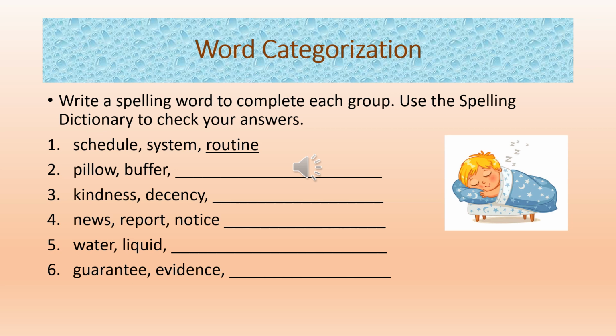What is going to be another word from the spelling word list that is related? Check your list and find out the answer. Pillow and buffer. The answer is going to be cushion, because it is the word that is related to the group. The same thing you have to apply for number 3, 4, 5, and 6.